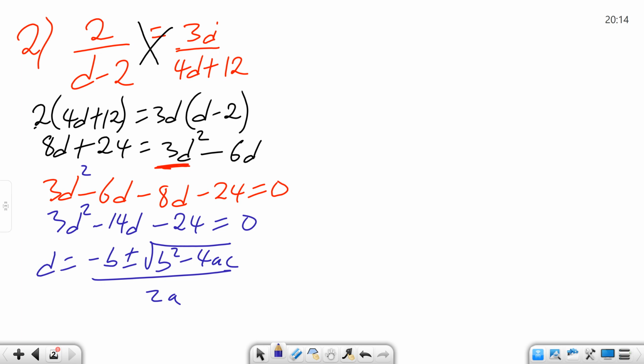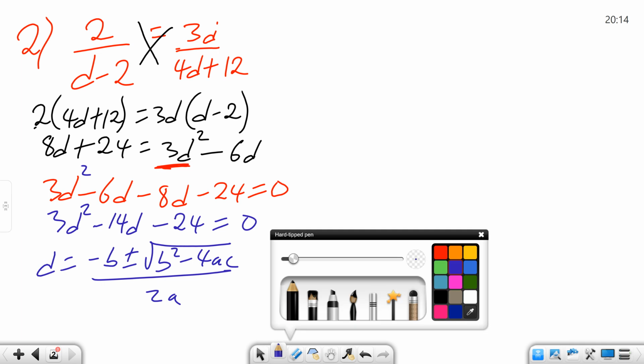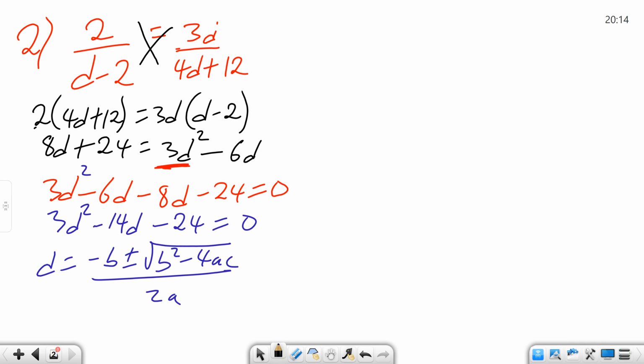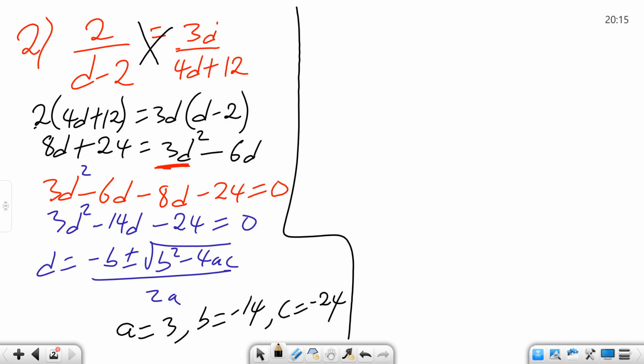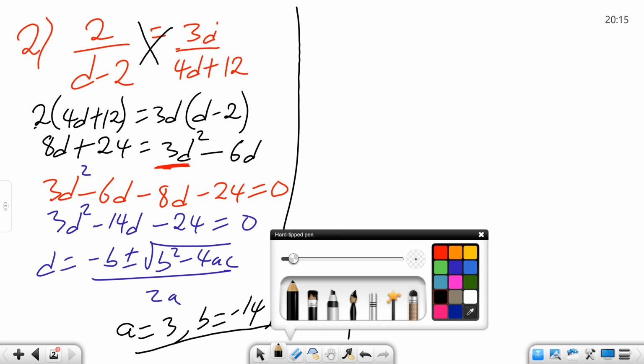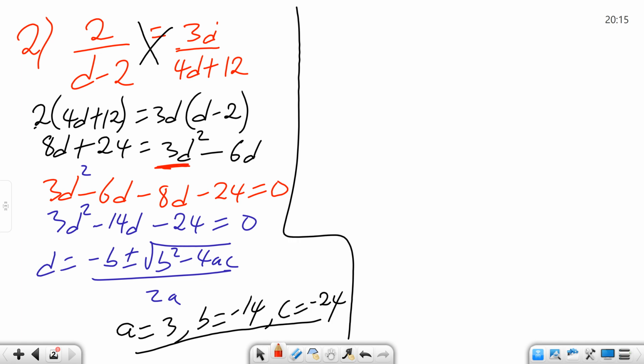Probably you'll be stuck thinking about the factors, so you can easily use the general formula. a is always the coefficient of d squared, which is 3, b is minus 14, the coefficient of d, and c is always the constant, which is minus 24. So just plug these parameters into the formula, and then you get the values of d.